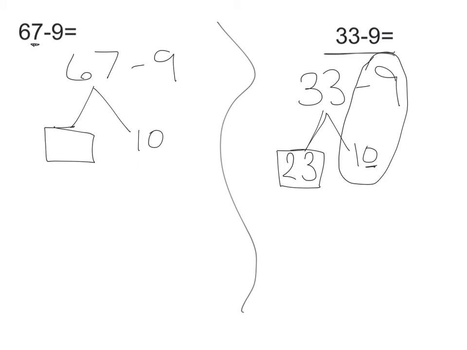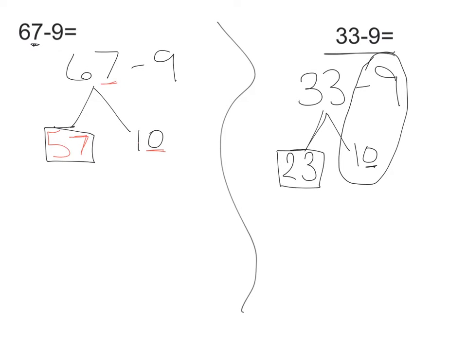Okay, you should have found that if I take out 10, once again, I'm not moving that one place, so my 7 should remain. 6 tens minus 1 ten is 5 tens. If your board does not look like this, please correct it now.